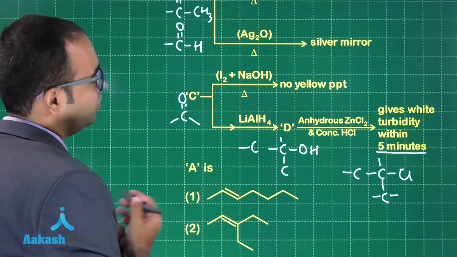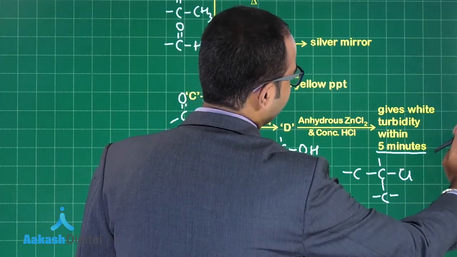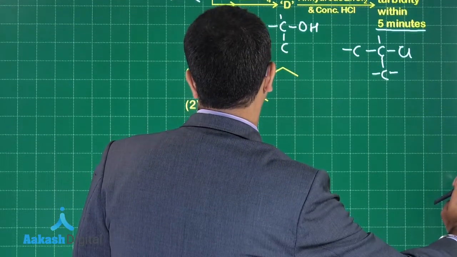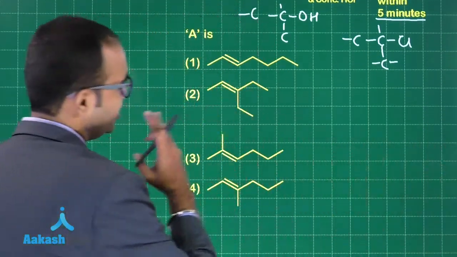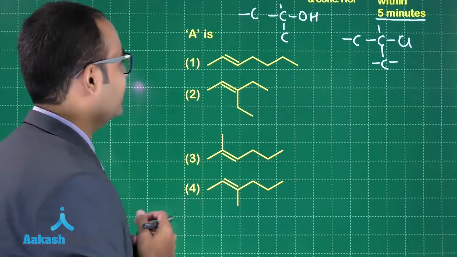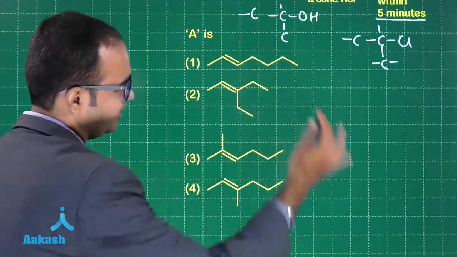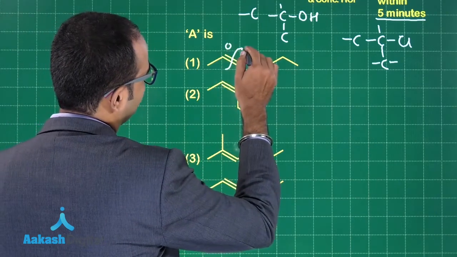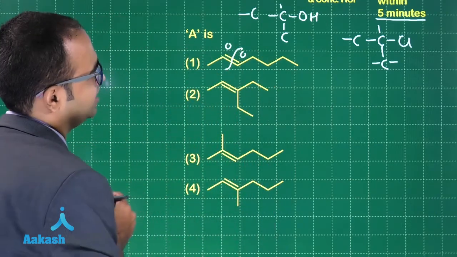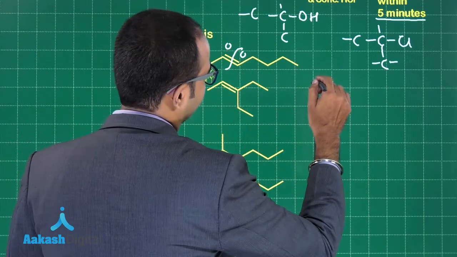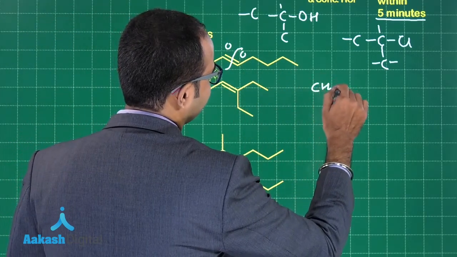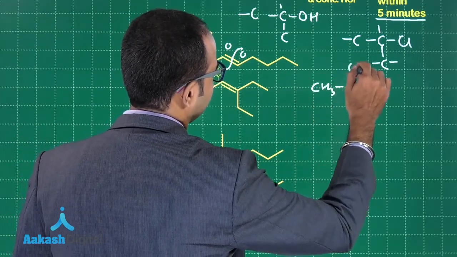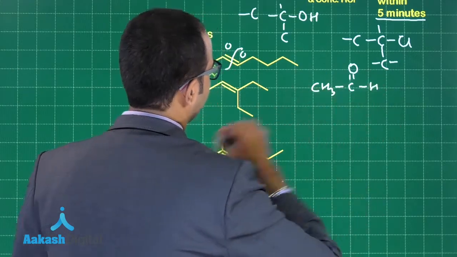Okay. So let us look at the options that we have, guys. Simply break the double bond and check. No need to write the entire reaction. So I break the double bond. I put one oxygen on this side, one oxygen on this side. It is giving you CH3C=H, right?